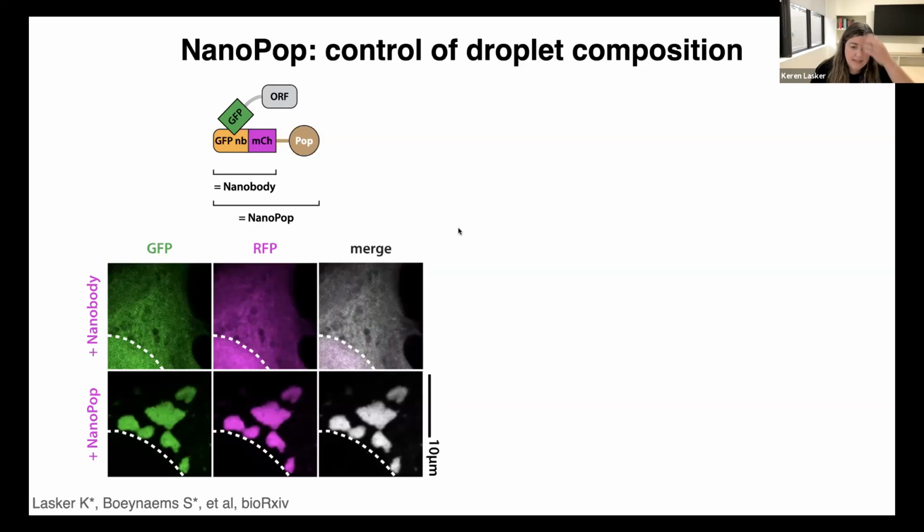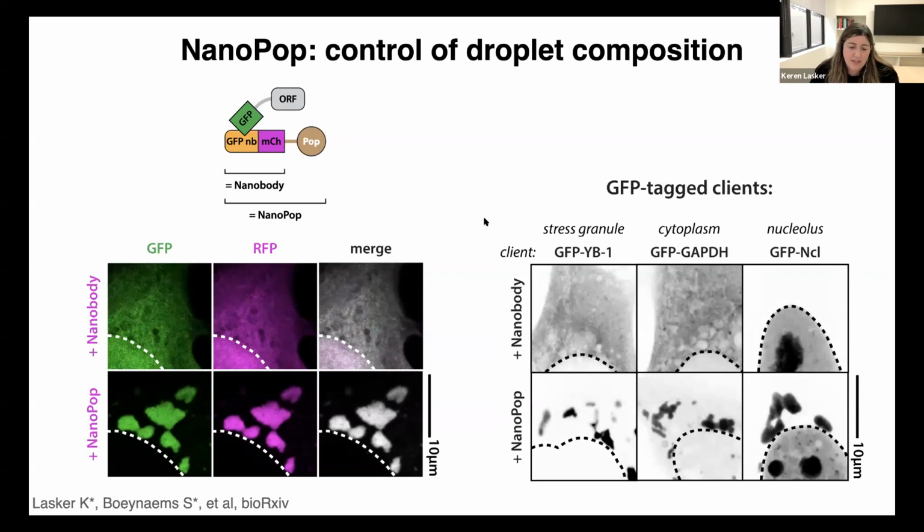So in the first experiment that Stephen did, he showed that we can actually use a GFP nanobody and recruit GFP proteins into POP-Z condensates. And just to show you that this is not just GFP, we can now recruit stress granule proteins, which before I showed you phase separate separately from POP-Z.